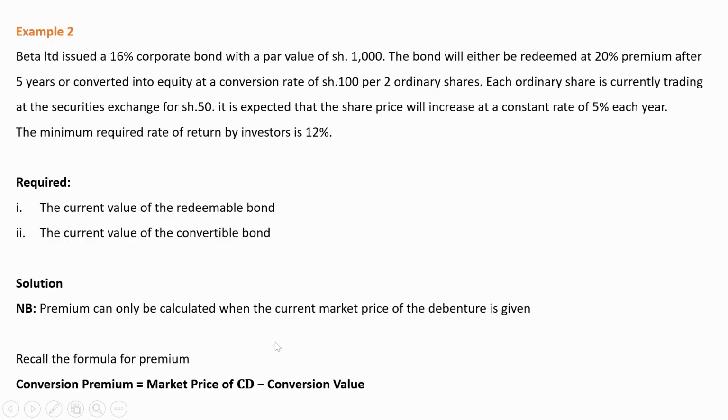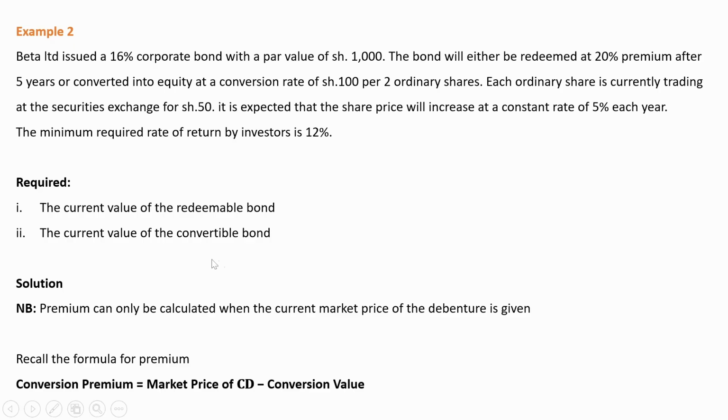For example, in our illustration here, you are only given the par value, which is 1,000, and you're not given any other price of the debenture. So it simply means you cannot be able to find the premium. So unless you are given the current market price, then just forget about calculation of the premium.